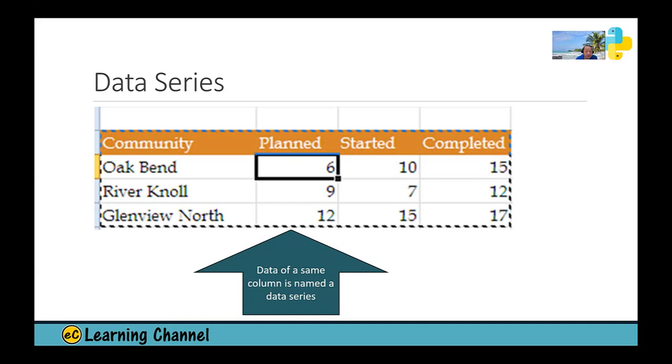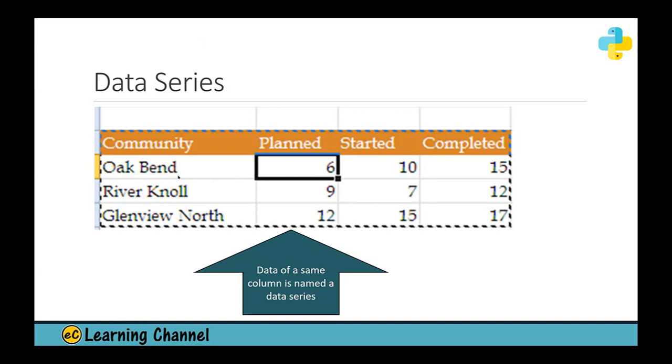There's an open community, where Open is the name of the community. Open community has 6 projects or houses planned but not started, 10 of them already started but not completed, and 15 of them already completed.